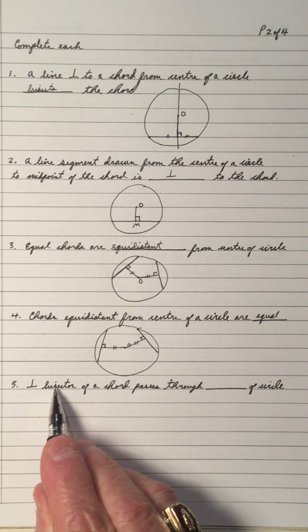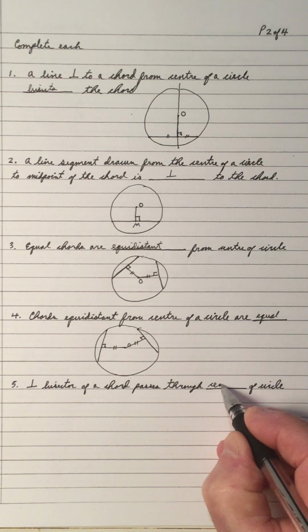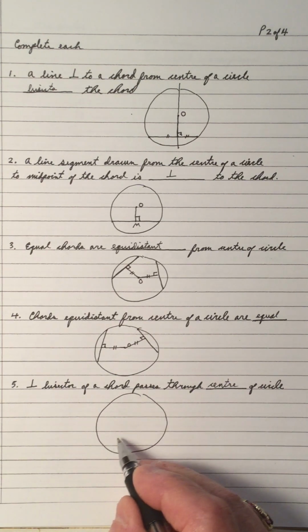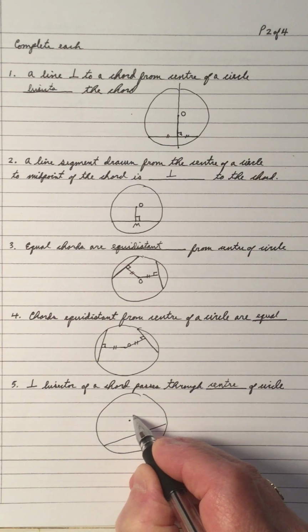And number 5, the perpendicular bisector of a chord passes through the center of the circle. So we have a circle and a chord, and that's the center.